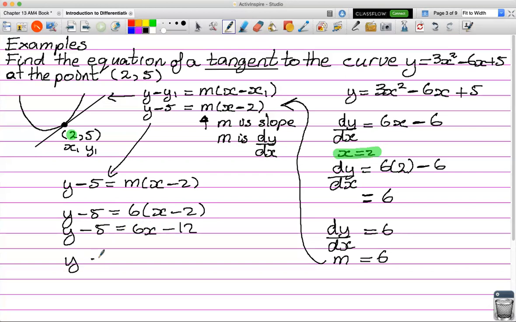Bring the minus 5 over. That's going to become plus 5. So y is equal to 6x minus 7. And that is the equation of the tangent to the curve at the point 2, 5. And that was just a reinforcement of last week's work.